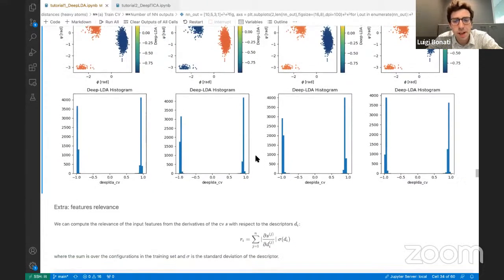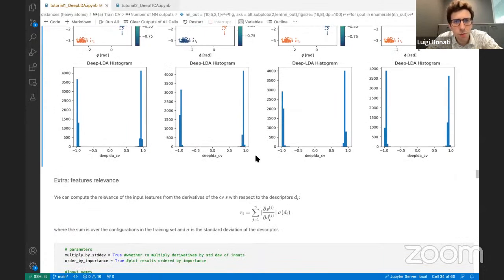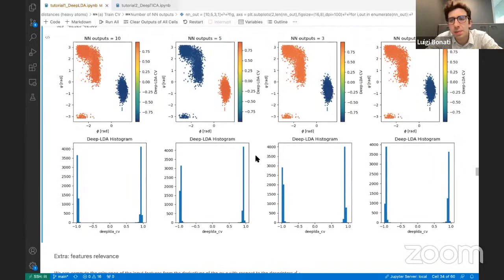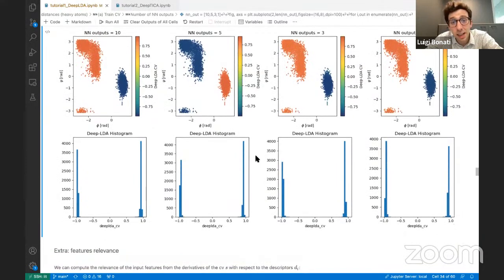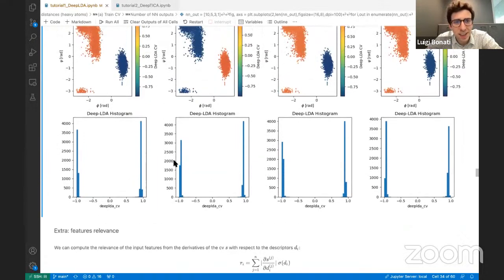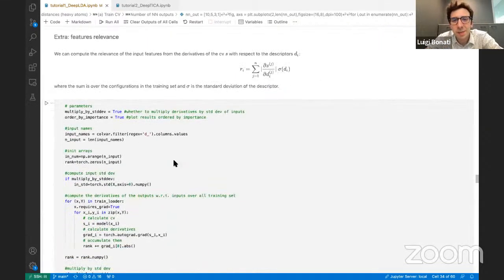So it's actually very robust with respect to the number of hidden layers, and even with the number of neural network outputs. Of course, if we try to use, let's say, 1,000 nodes, with 45 inputs and 1,000 data points, then we won't be able to train a model with billions of parameters.